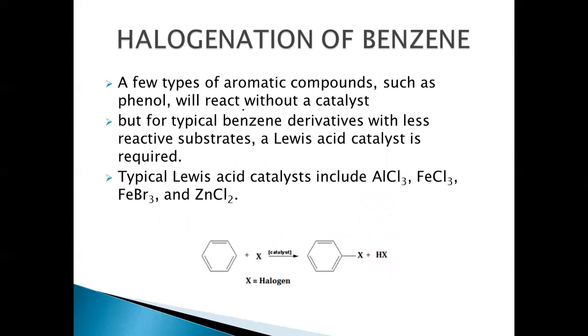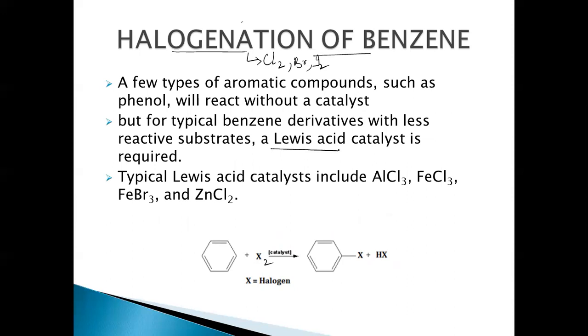And the third reaction, after nitration and sulfonation, is the halogenation of benzene. Halogenation, we can see reaction with chlorine, bromine, and iodine also. For the halogenation of benzene to occur, it is necessary to use a catalyst.